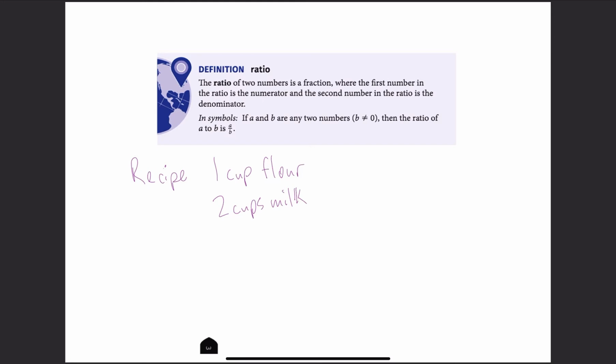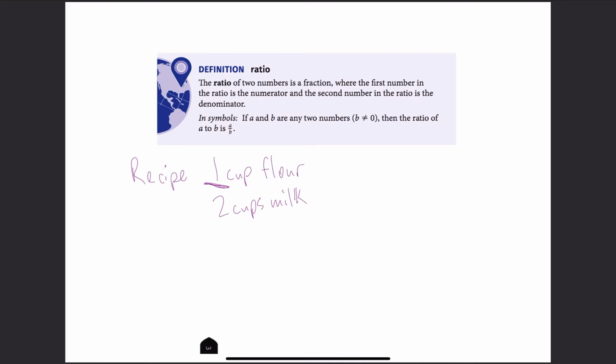And so if you went into the fridge and saw, oh, I have a certain amount of milk, then that could be the limiting factor. And the relationship is that you have to have 1 cup of flour for every 2 cups of milk. In other words, you have to have half as much flour as you do milk. And as long as you maintain that ratio, then your recipe will come out okay.